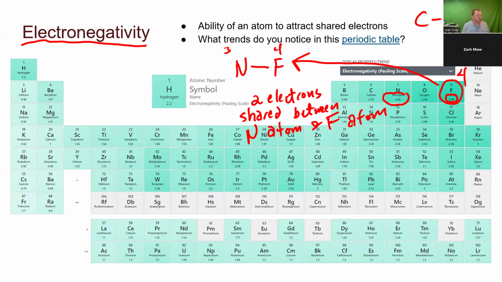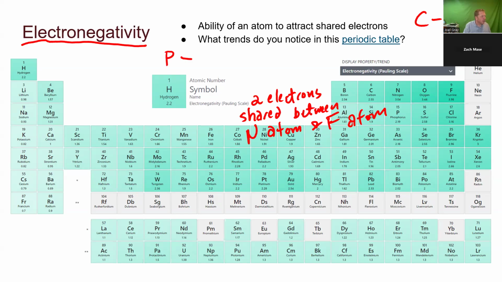Okay. Now, this is kind of tough to see, but let's say that I gave you a formula. And I said, all right, well, we've got electrons being shared between phosphorus, P, and sulfur, S. If you have this slide deck open on your own computer, that might be better, but I can actually zoom in.